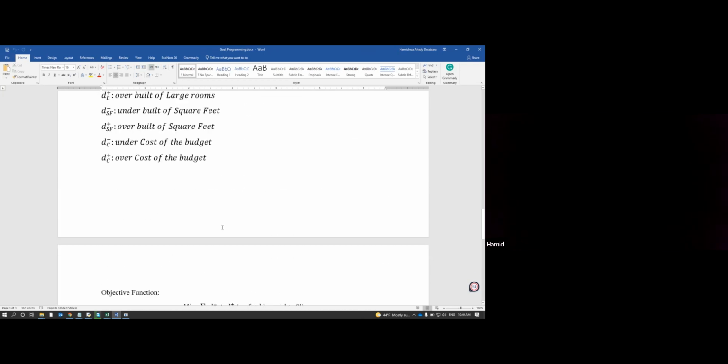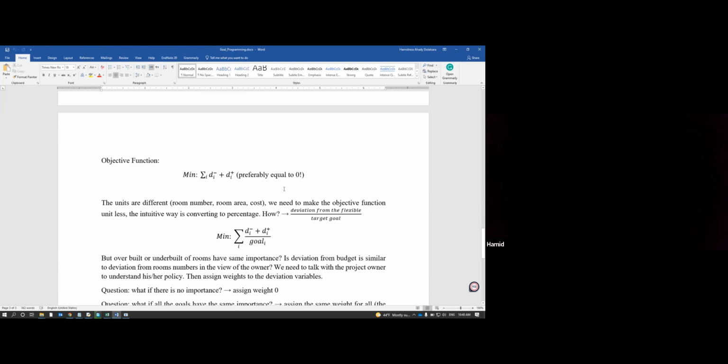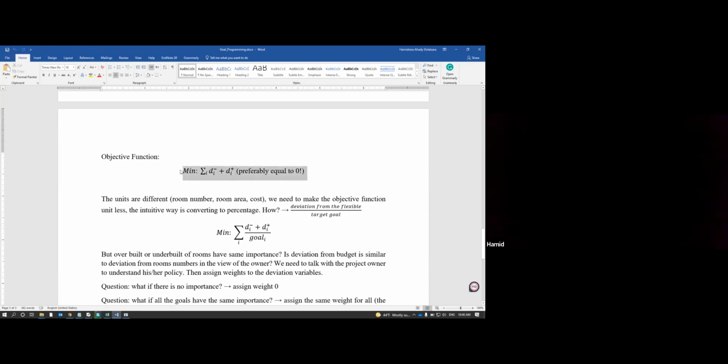Okay, so having said that, here we put all of the deviations together for area, for budget, and number of rooms, which is not mathematically correct because they are different dimensions.